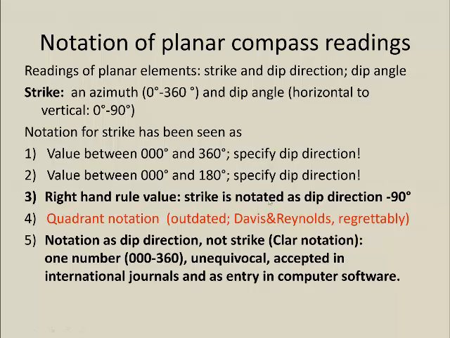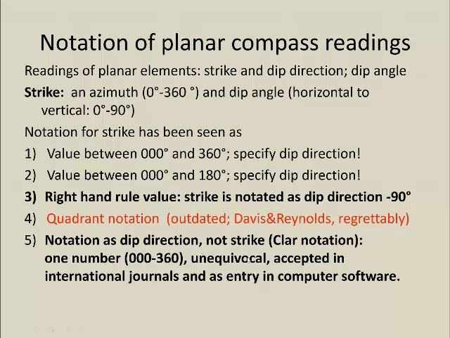The right-hand rule we will look at in a minute. The right-hand rule is always the dip direction minus 90 degrees, as we will see. And the Clar notation is the dip direction, and as we have seen, the dip direction has only one end that is unequivocal, and it's given a number from 0 to 360 degrees depending on in which direction this plane is dipping.